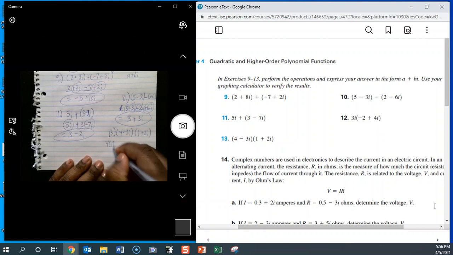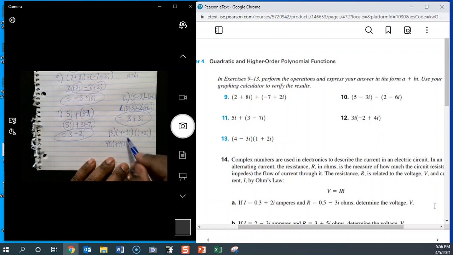So we have 4 times 1 plus 4 times 2i. Then we would take our negative 3i times 1. And then negative 3i times 2i.